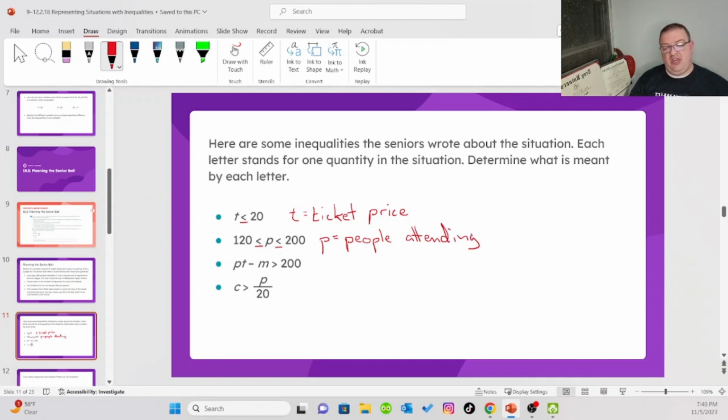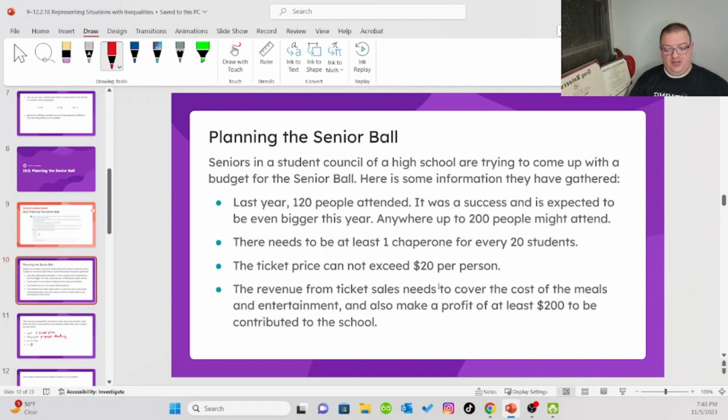Next, we have P times T. So we already know P is people attending. We already know T is the ticket price. So they're saying if we take the number of people attending and multiply that by the price of a ticket, and then we subtract M, it would be greater than 200.